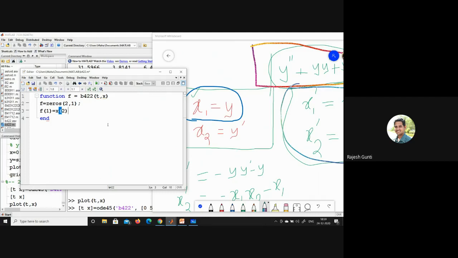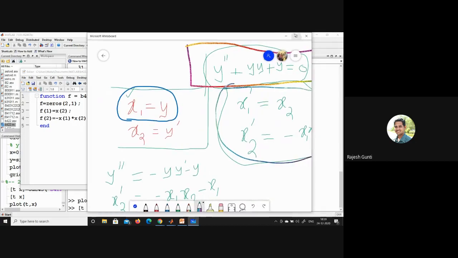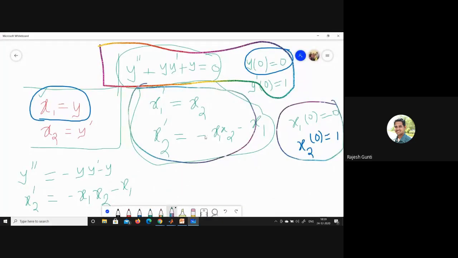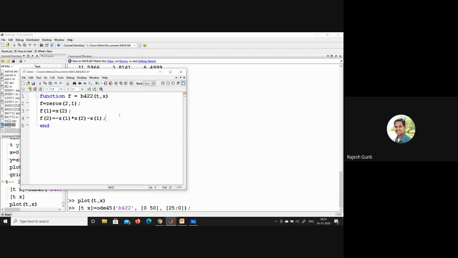That is x of 2. f of 2, the second equation, is minus x2 minus x1, that is minus x of 2 minus x of 1.